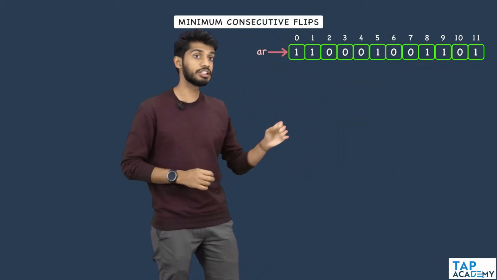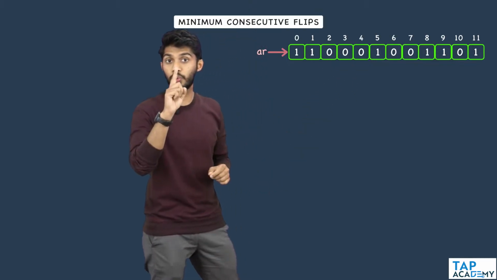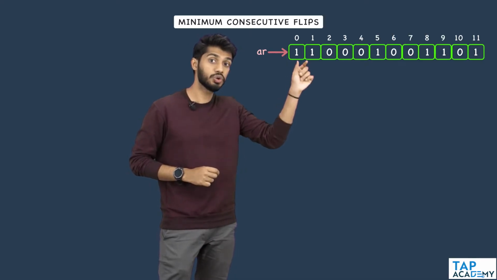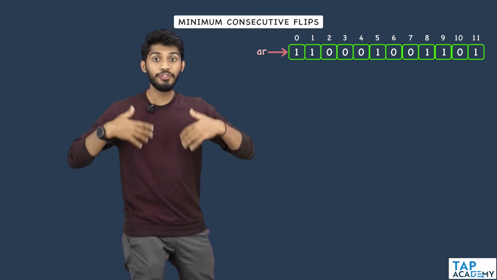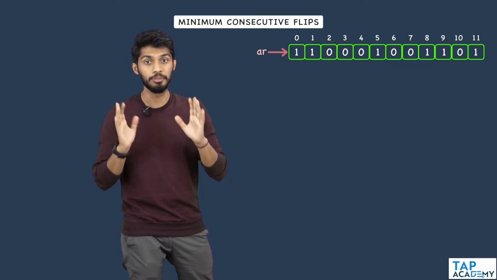If you are flipping all these three zeros to ones, it is considered to be one flip. If you are flipping these two ones to zeros, then it is considered to be one flip. Now while flipping, you need to ensure the number of flips that you do is minimal.